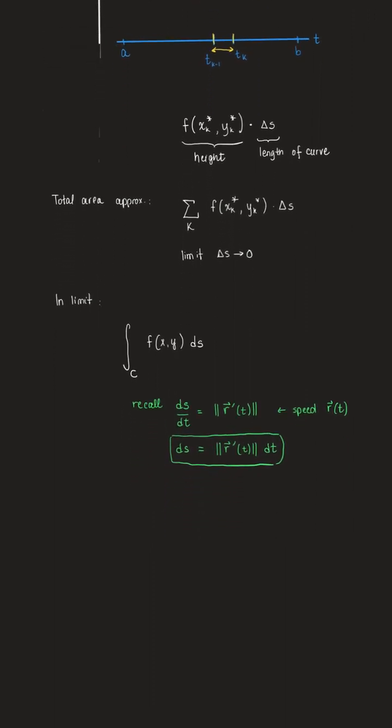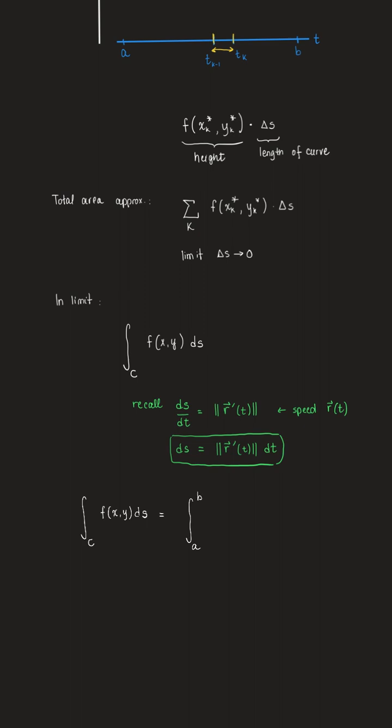And so now we can express our line integral over the curve for the function f of x y ds. Our shorthand way of expressing the line integral has now become a line integral with respect to t. t will go from a to b.